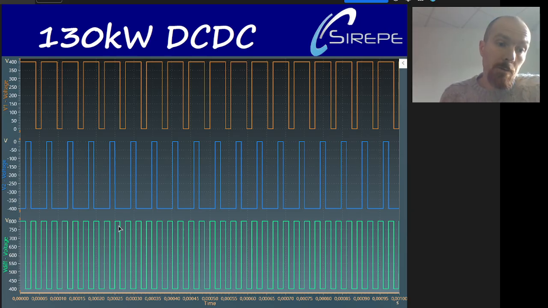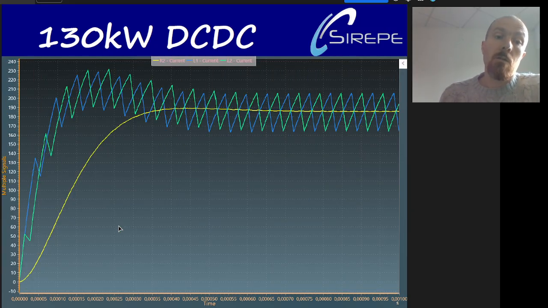The apparent frequency is twice the switching frequency, an effect of interleaving. The currents of the positive and negative poles are shown here.